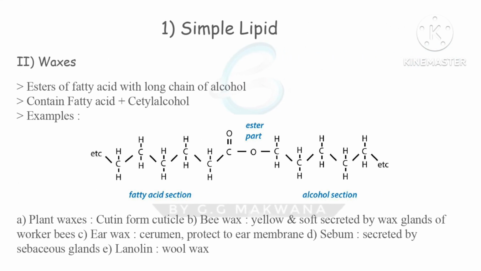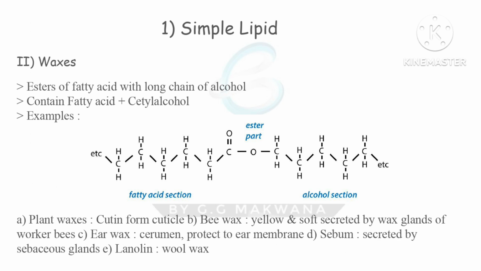Next, the second type of simple lipid is wax. Wax is nothing but one molecule changed. As in triglyceride we see glycerol and fatty acid, here glycerol is replaced by an alcohol section, that means a long chain alcohol.